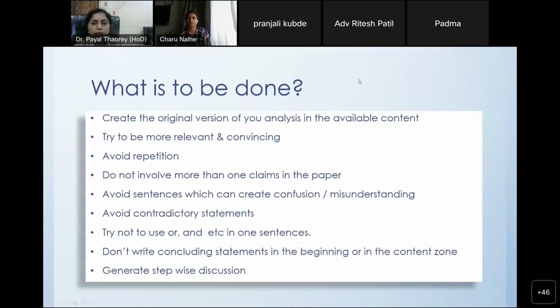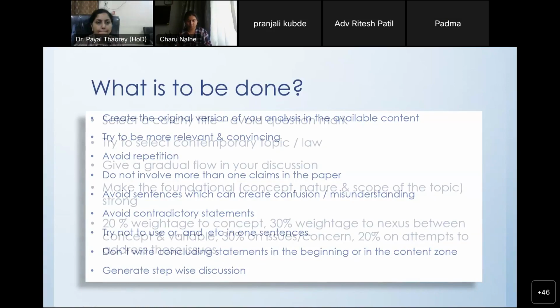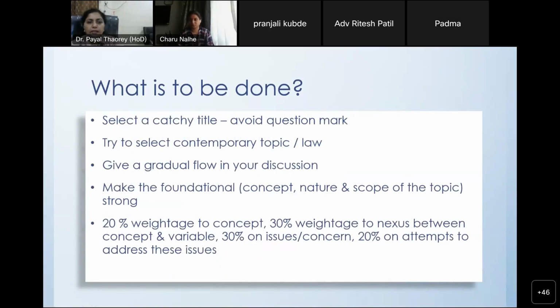Fine. So first select a catchy title and then avoid the question mark. And next is, while writing research paper, see to it that you are selecting a very very contemporary topic of law.